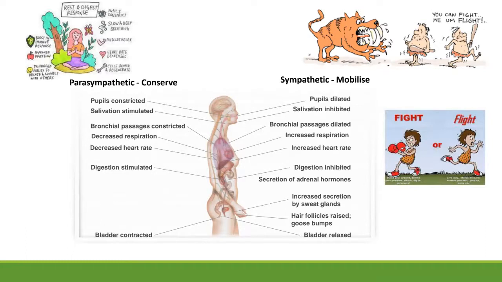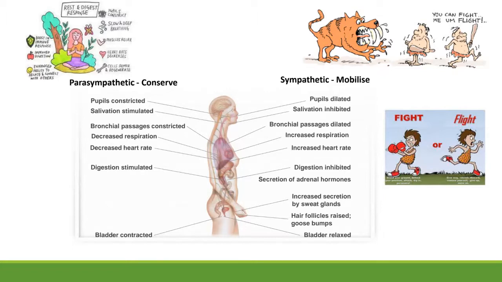And when your sympathetic system is not being mobilized, your parasympathetic nervous system is at work. It's conserving. So you don't breathe as deeply, your heart rate is normal, your body is busy working on digestion to take in nutrients, to give you energy, your bladder is contracted, it's not relaxed.